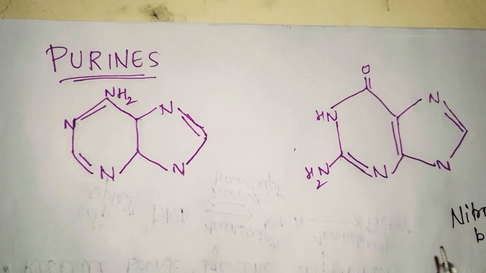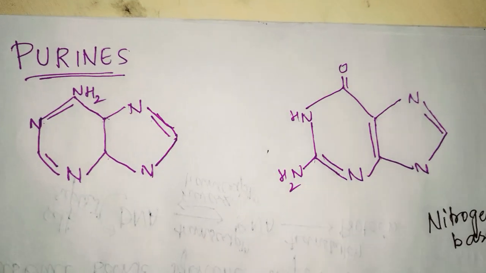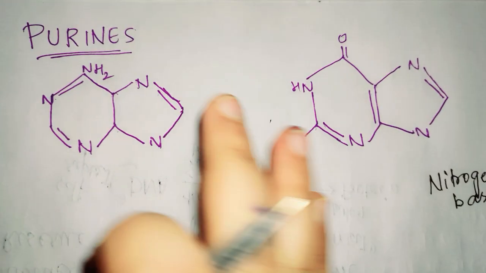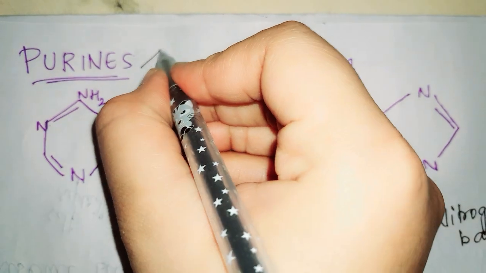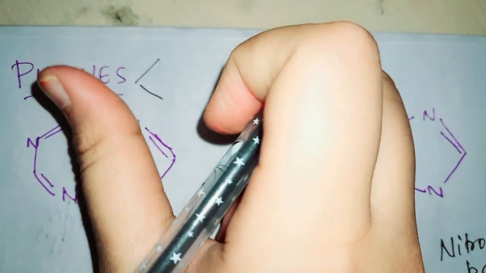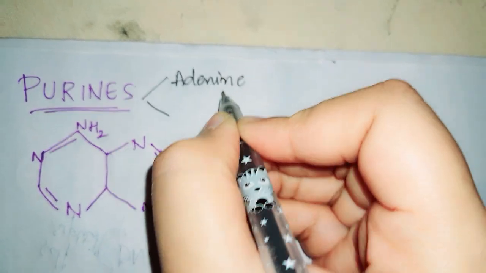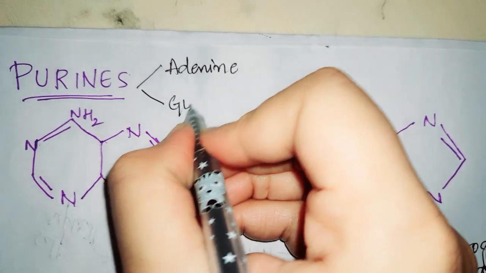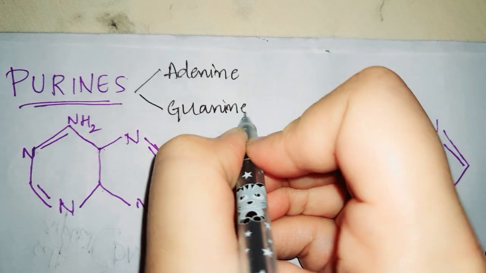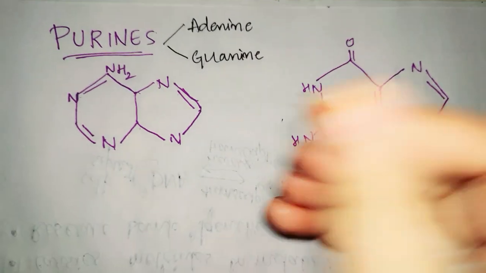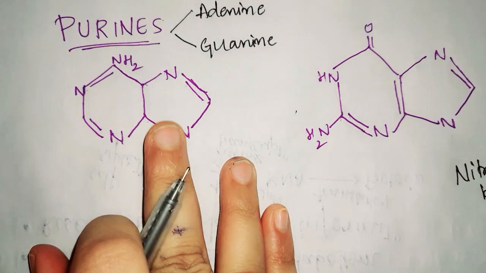So here you can see I have already drawn the purine structure. Purines are of two types, only two purines will be there, that is adenine and guanine, that's it. The structure which I have drawn is the adenine.